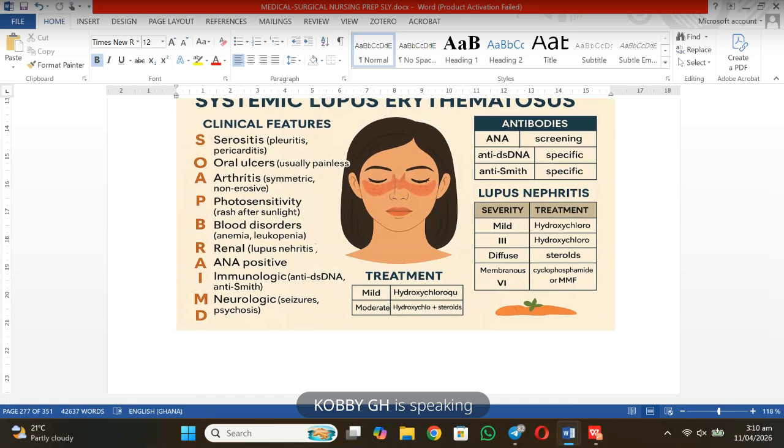In your nervous system, the patient will become photosensitive. In your blood, these patients can experience anemia. In some situations, patients may even experience leukopenia. In the kidney, patients can experience lupus nephritis. In the nervous system too, patients may experience seizures and psychosis.